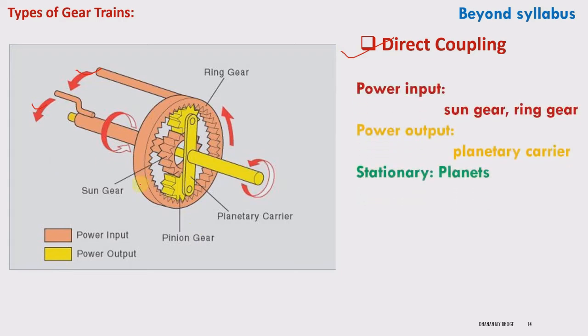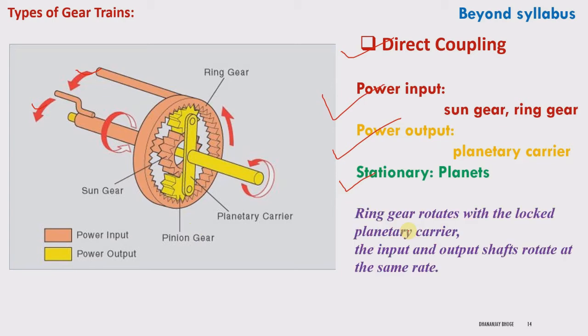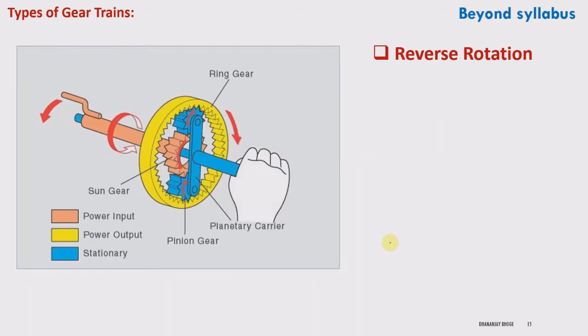So in order to get the direct coupling, we have to fix the planet gears. Input is given to the sun gear and ring gear and output is taken at planetary carrier. So ring gear rotates with the locked planetary carrier and the input and output shafts will rotate at the same rate in the same direction.